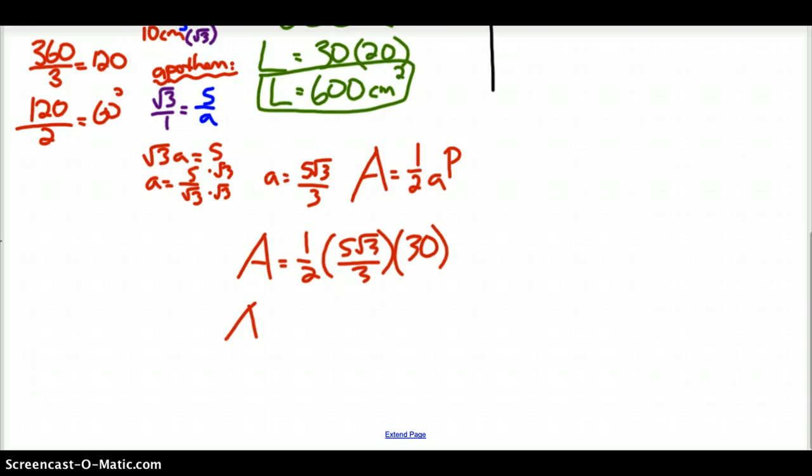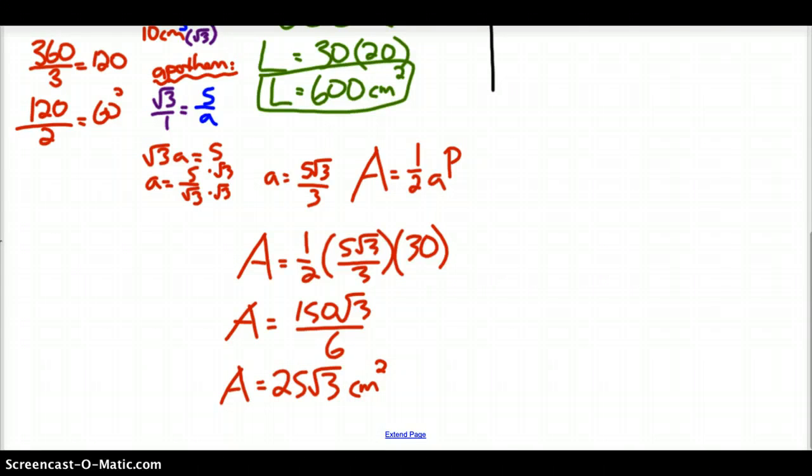So now my area is going to be equal to 150 radical 3 over 6, and if I divide 150 by 6, I get 25. So my area is basically going to be equal to 25 radical 3, and this is measured in square centimeters.